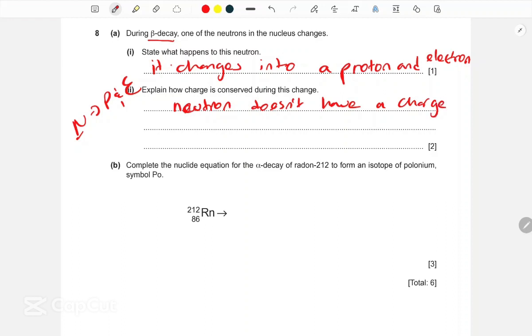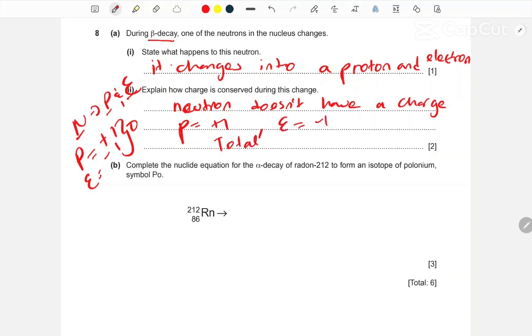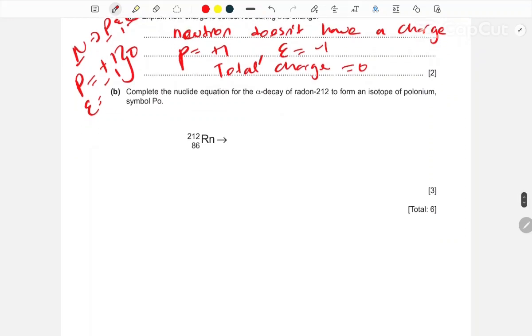The second one is the neutron changed into a proton and electron. So a proton has a +1, electron has -1. So the total charge is going to be 0. So proton has +1 and electron has -1. So the total charge will be 0 because +1 and -1 just gives 0.